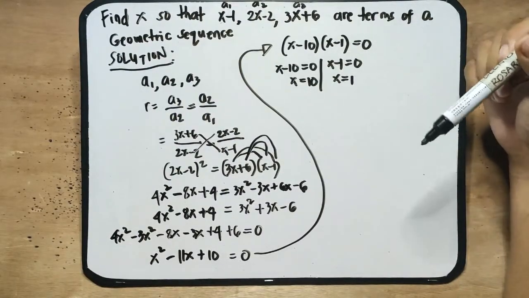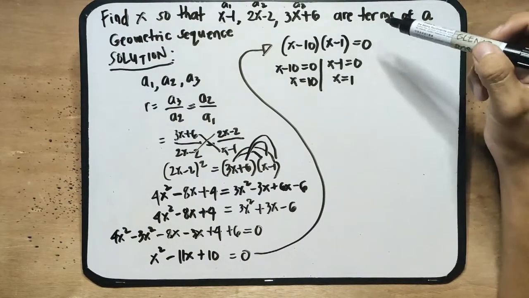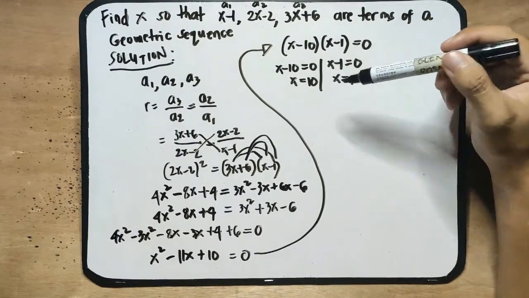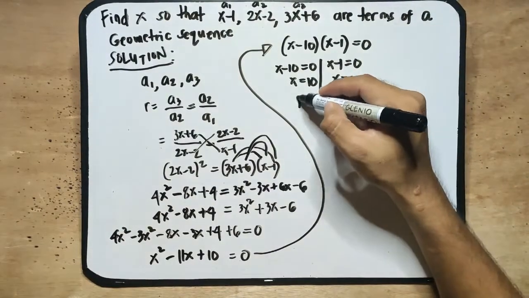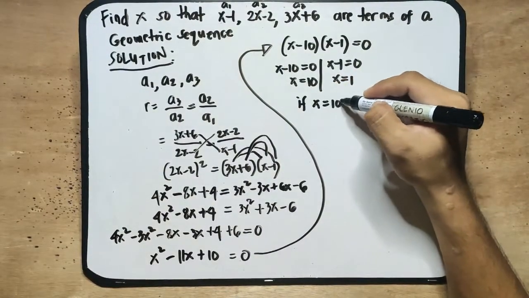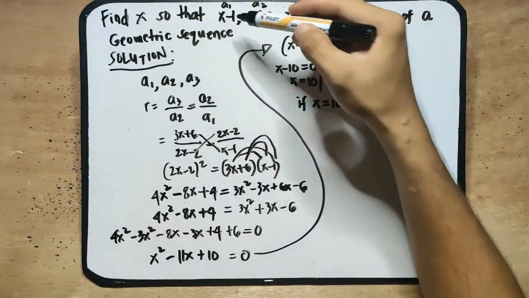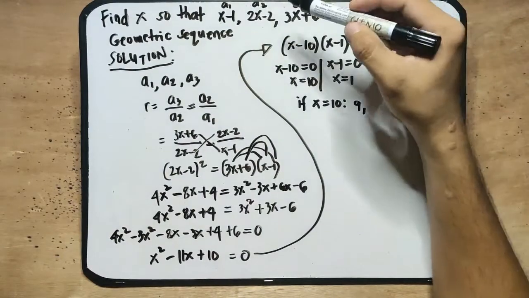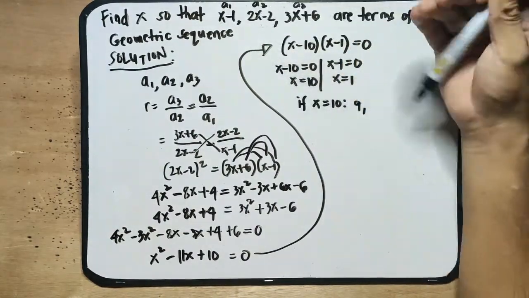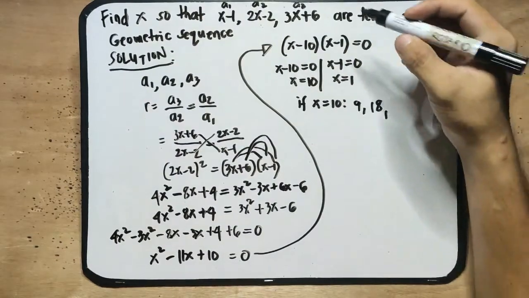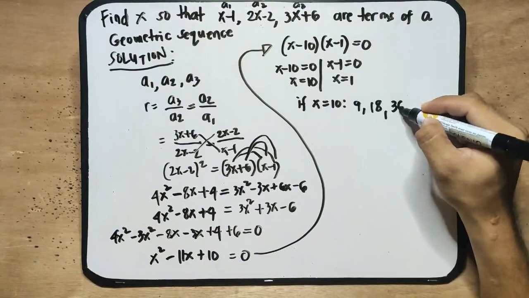Pero kung hindi geometric sequence, walang common ratio yung naging kinalabasan ng terms after substituting the value of x, ibig sabihin, hindi siya geometric sequence. So, if x is equal to 10, the terms are x minus 1, 10 minus 1 is 9. 10 times 2 is 20, 20 minus 2 is 18. 10 times 3 is 30, plus 6 is 36.